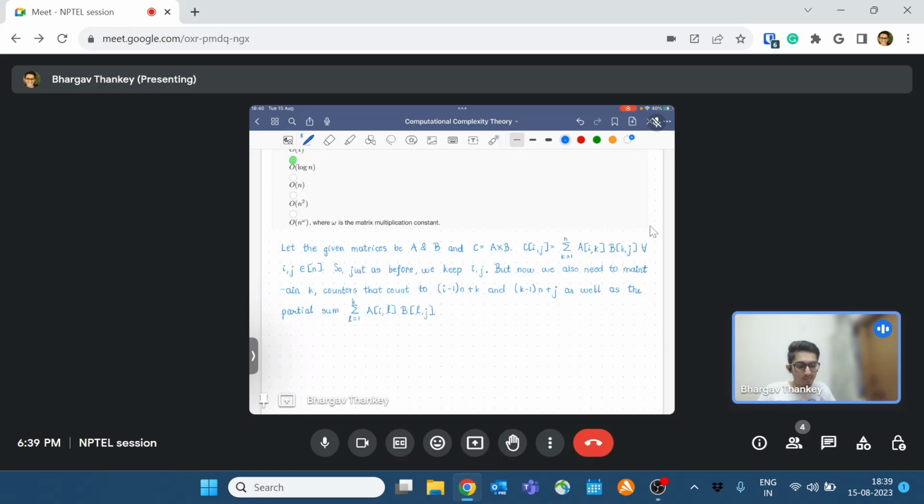So the claim is you need these two counters along with k. You need these two counters and this partial sum.